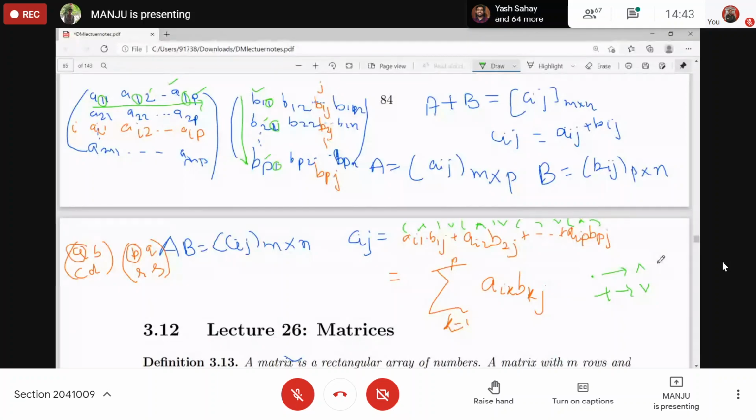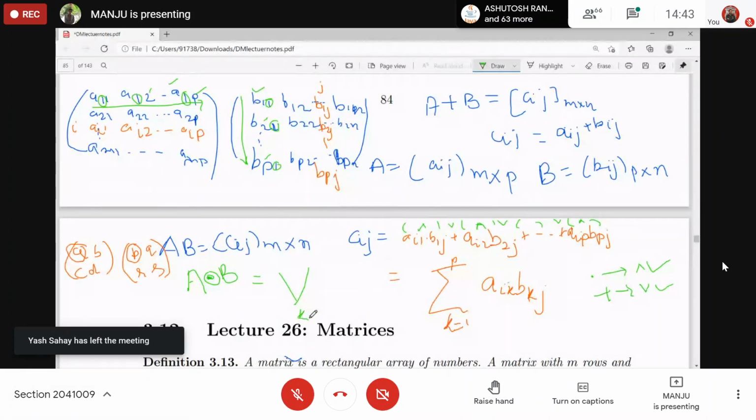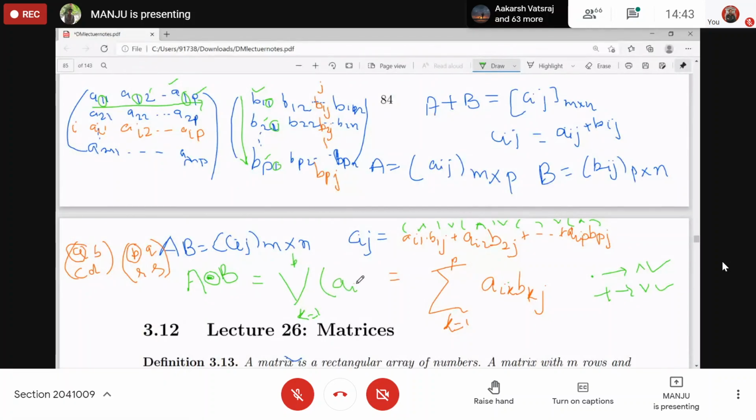Now, if we use these operators, these are Boolean operators. So we write this as Boolean product, A dot with circle B. That will be the disjunction of conjunctions. Here you have multiplication, sum of multiples, so here it will be disjunction, k running from 1 to p, and conjunction Aik with Bkj.